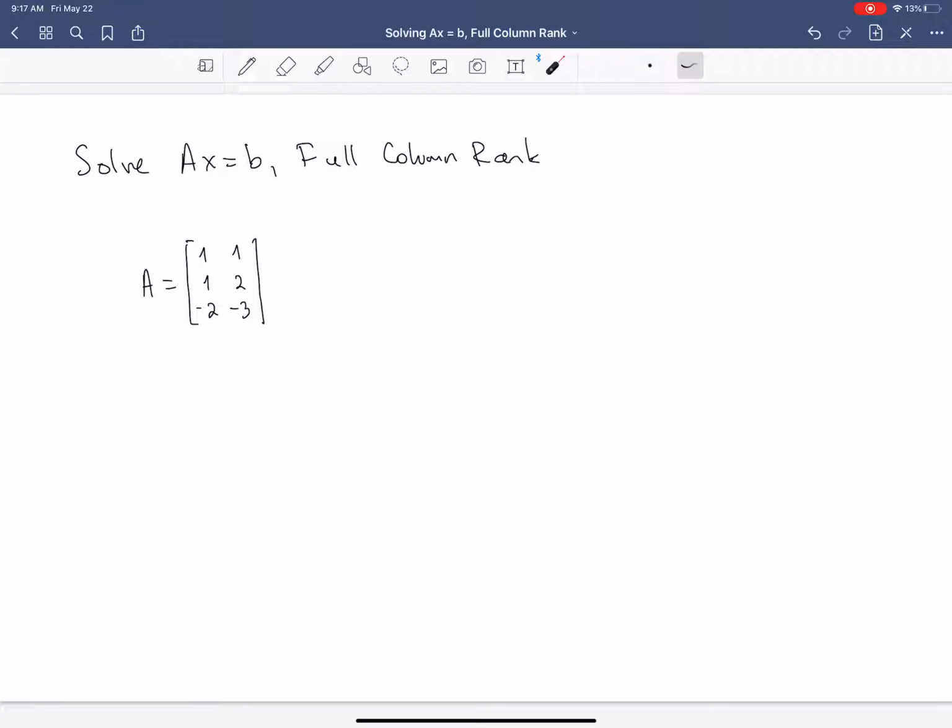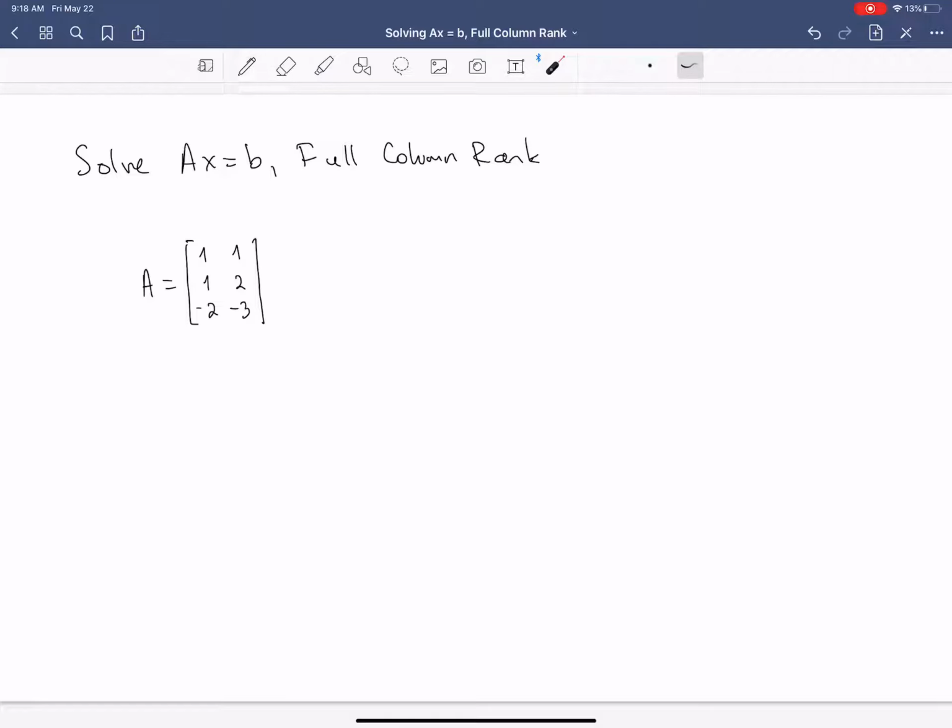Well, it's simple. A free column would be a linear combination of the pivot columns. Since these two columns are not multiples of each other, we know that both of them will have pivots after elimination is carried out.